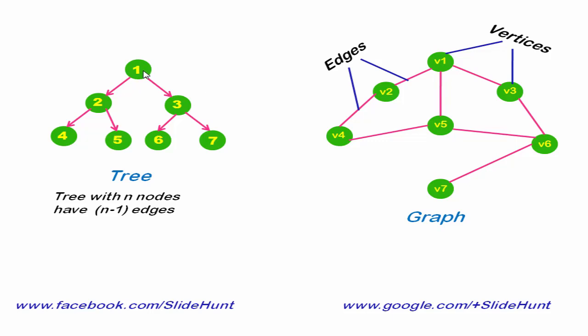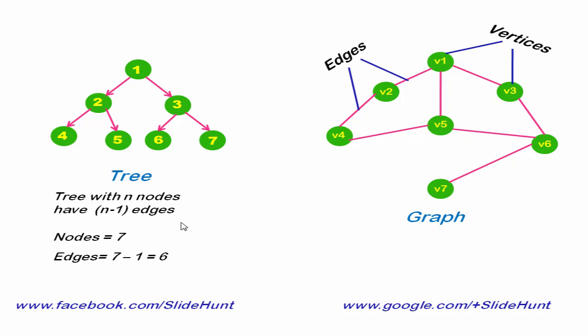Here you can see this tree has 7 nodes. So number of edges will be 7 minus 1, that is 6. Let's count the edges. 1, 2, 3, 4, 5 and 6. So this rule is satisfied. A tree with n nodes has exactly n-1 edges.